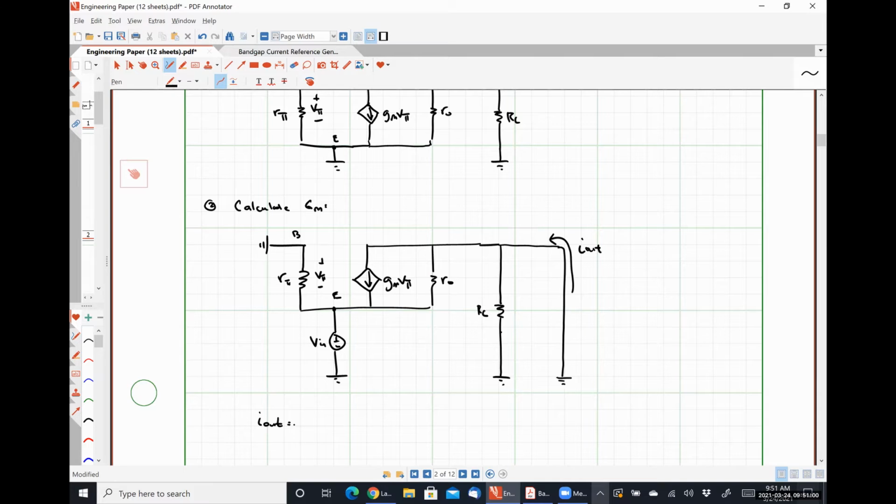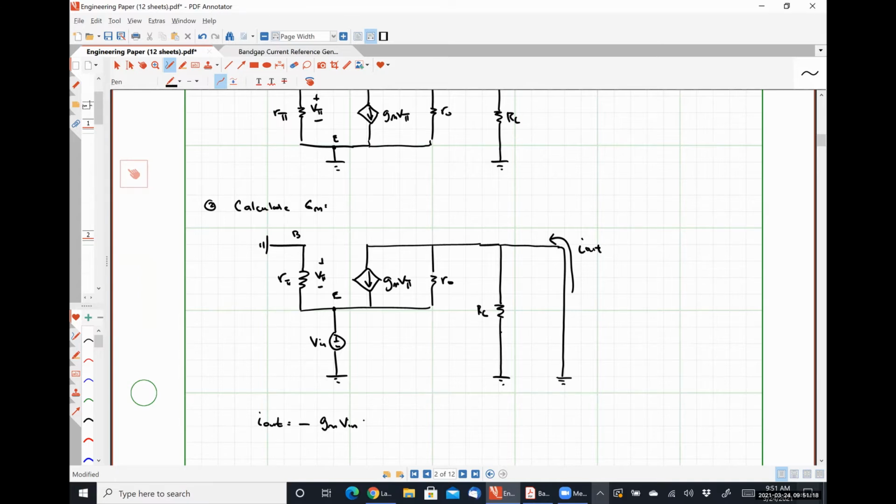So that would give us gmV pi, where V pi is still exactly equal to negative Vn. Everybody can see that? So that's going to give us negative gm Vn.